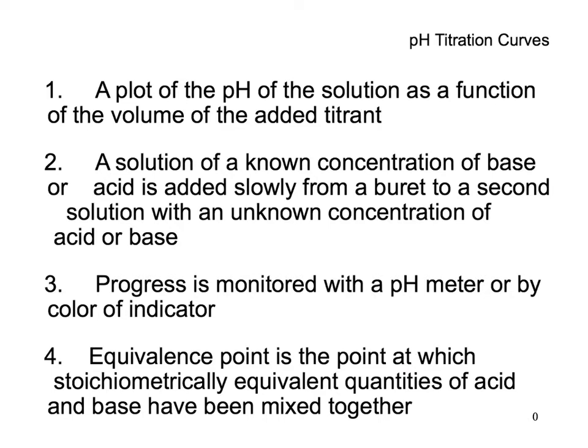But pH meters would measure the exact pH, and you can then plot that pH against the volume of the base that has been added, volume of NaOH that has been added. And it will give you a kind of curve. And depending on the kind of curve that you get, you will call that curve a pH titration curve, or a pH curve sometimes.